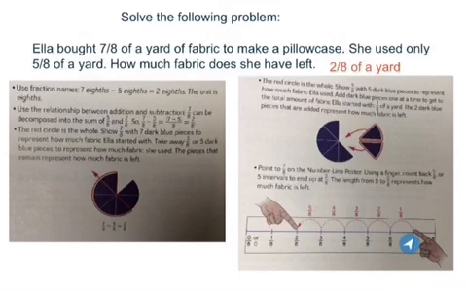So 7/8, and I'm going backwards now, so I'm counting back 5/8. 1/8, 2/8, 3/8, 4/8, 5/8, because that's the amount she used. I'm going to end up at 2/8, and that's the amount that is left. Okay? So I could do it that way. Those are all different options for you. So see what you like. And you may have even had another strategy, that's for sure.